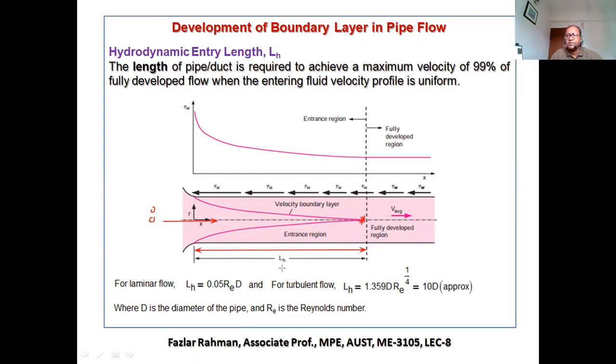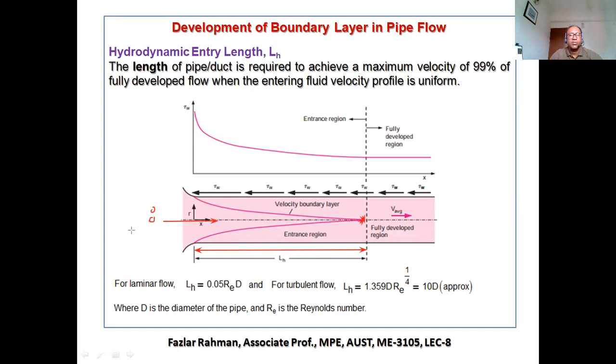Not thickness, that's distance, it is called hydrodynamic length, L_H. So the length of pipe or duct required to achieve a maximum velocity of 99% of fully developed flow when the fluid enters with a uniform velocity profile.